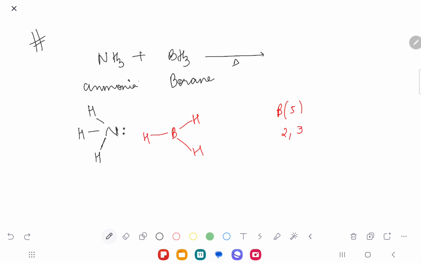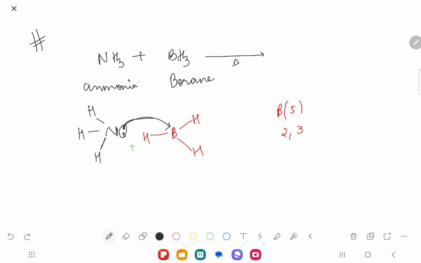Will the hydrogen bond to both of them? Where is the hydrogen coming from? The lone pair of nitrogen, the two electrons are there, right?